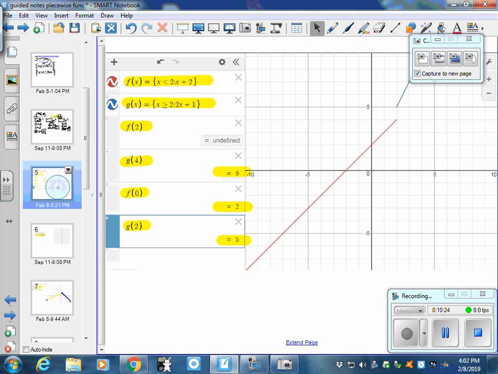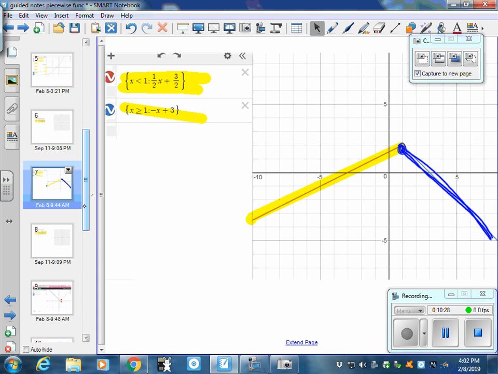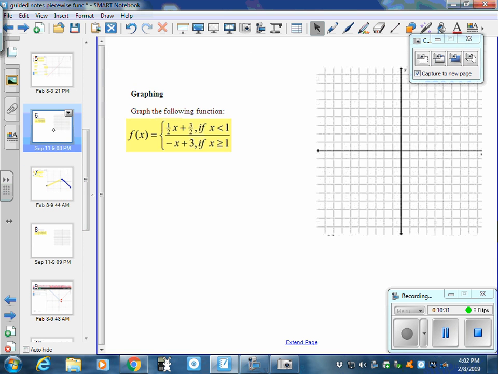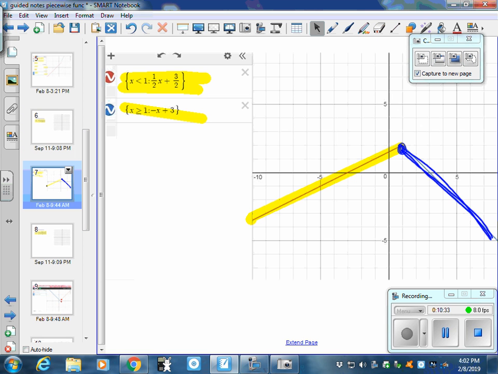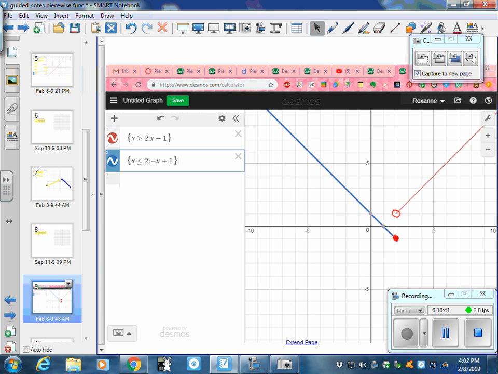If you need to know points to sketch them on, then you can do the table. So you can click and get a table in Desmos for that. All right, on the next one, it looks like this.